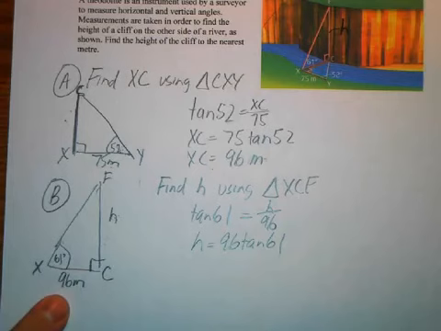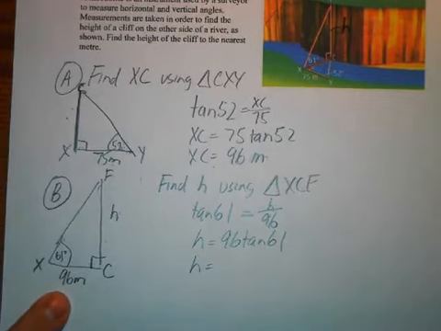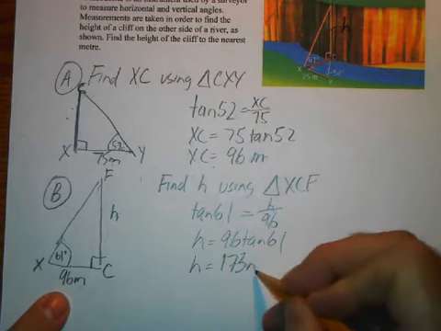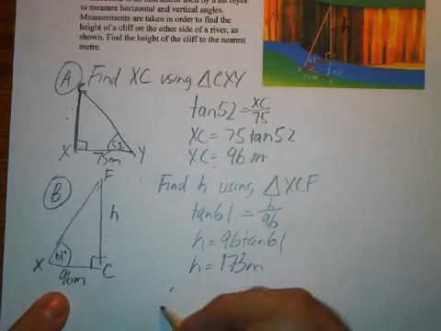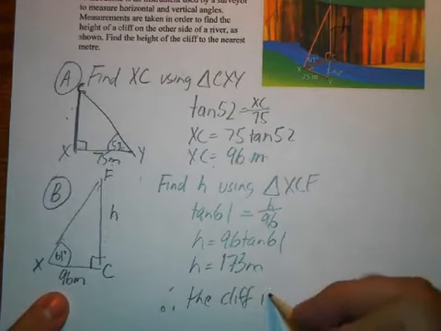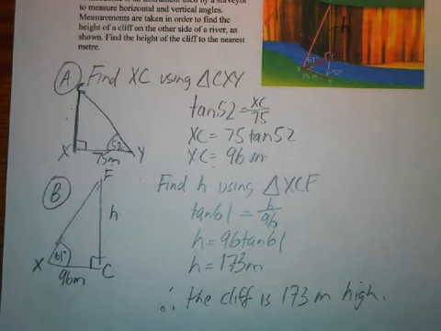H is equal to 96 times tan 61. And on the calculator, that works out to 173 meters. So therefore, the cliff is 173 meters high. Okay, so again, a pretty cool question.